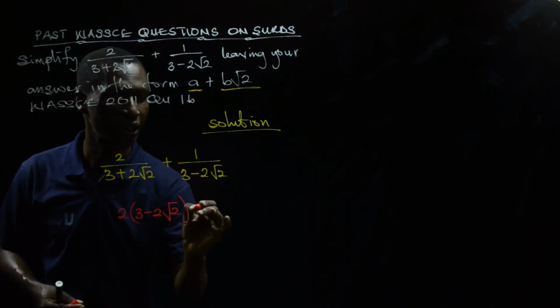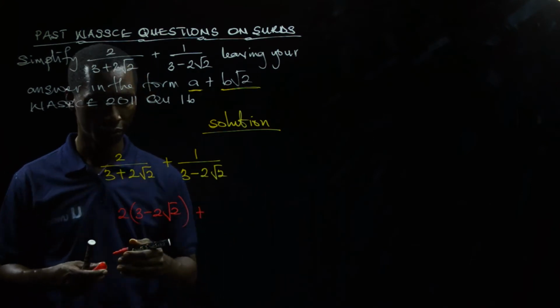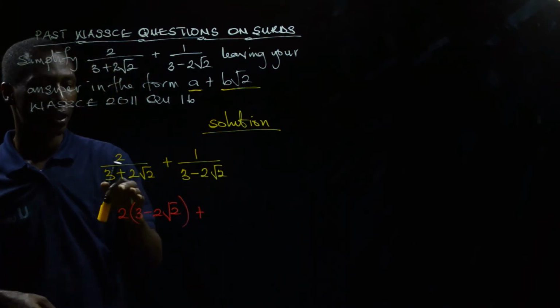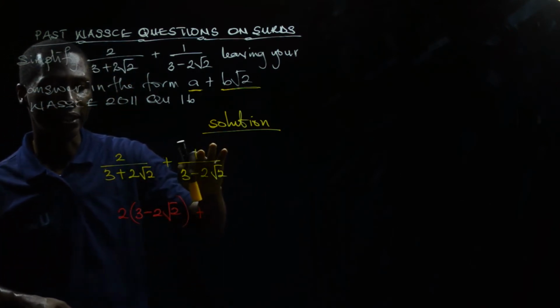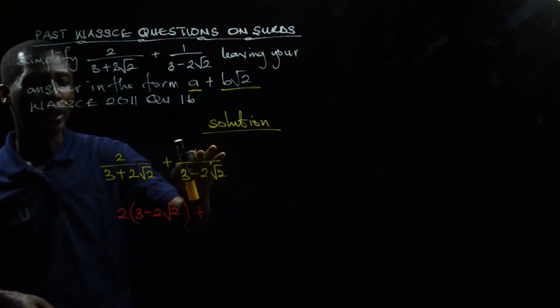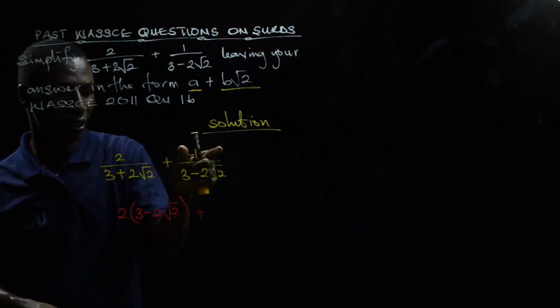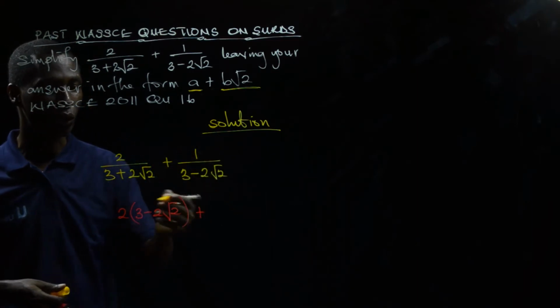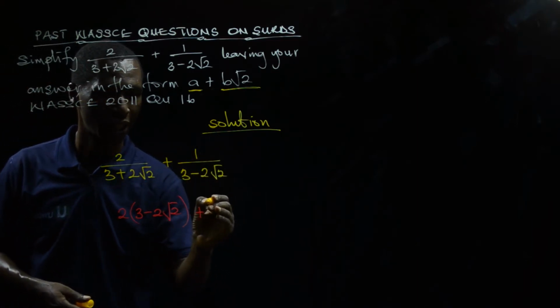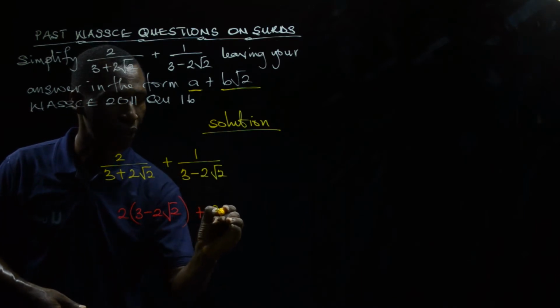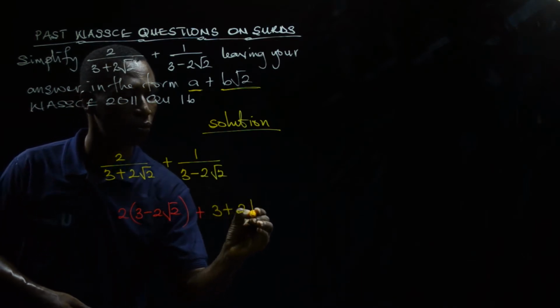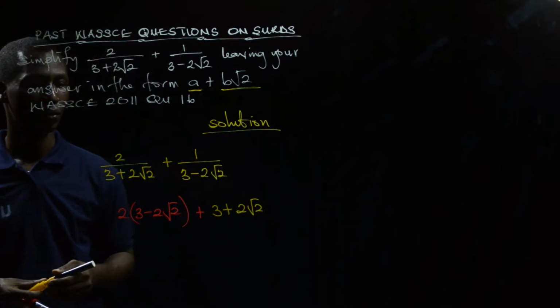Then I bring the operational sign, which is plus. Then the whole of this will also multiply 1. Now 1 times any number is that same number. So I will just leave the whole of this there, and I'm using different ink so that it can be clear. I'll write my 3 plus 2 root 2.